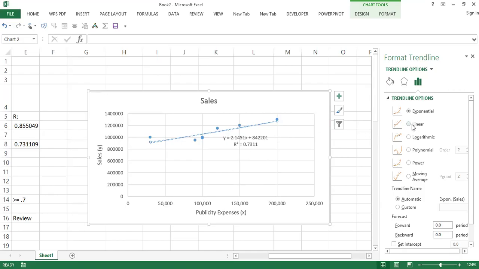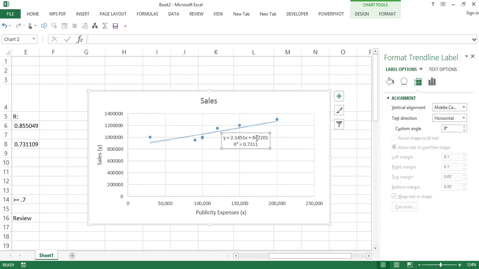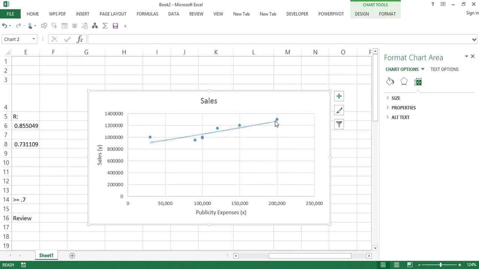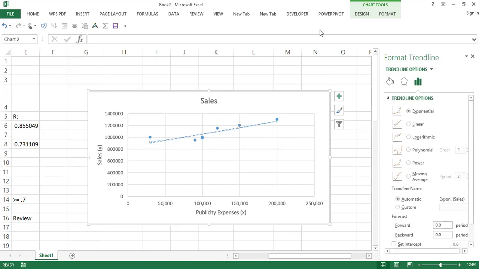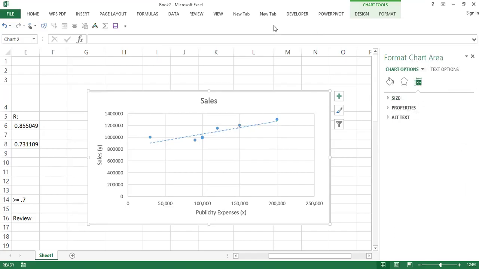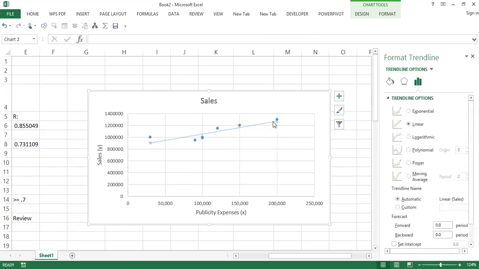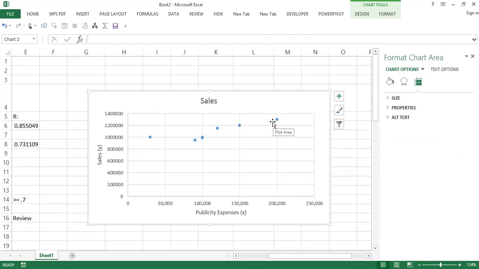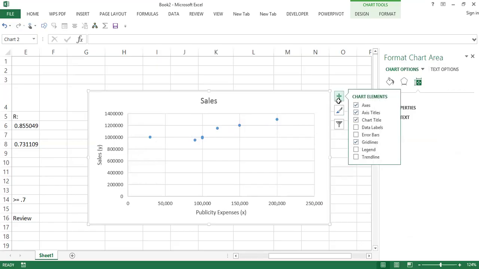I don't know if that makes sense. Let's delete this. Okay, so let's put an exponential trend line.